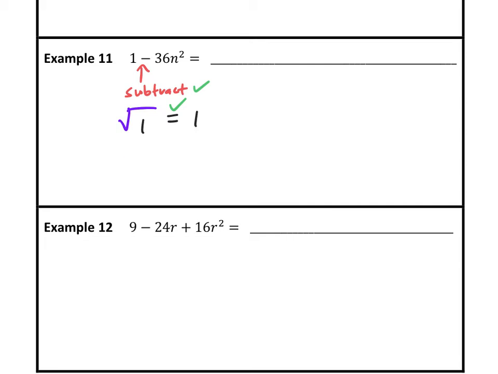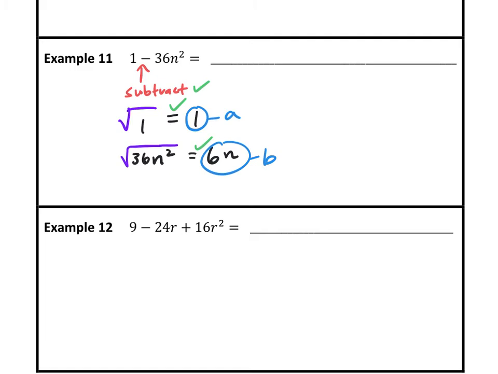Then we want to check, can I take the square root of 36n squared? The square root of 36 is 6. The square root of n squared is n. So check again. All right, so we have our A and we have our B.